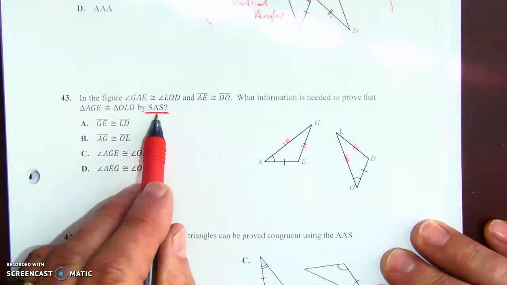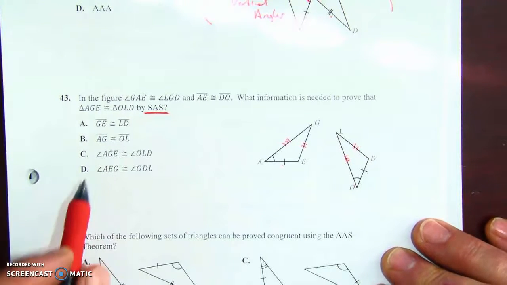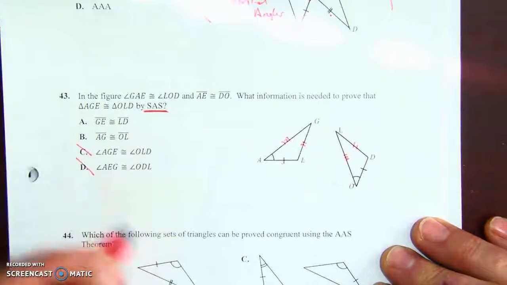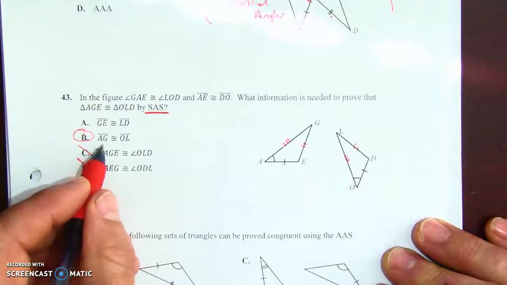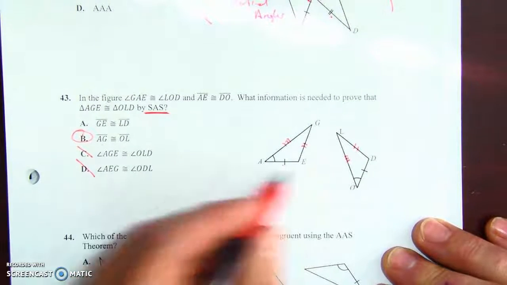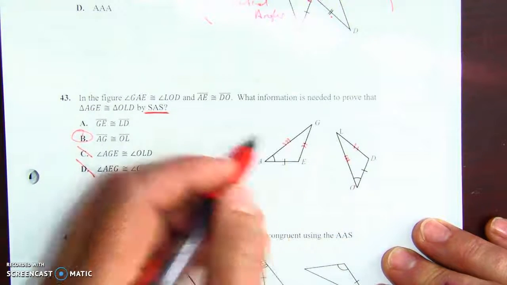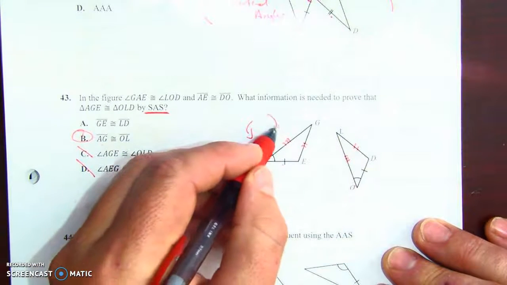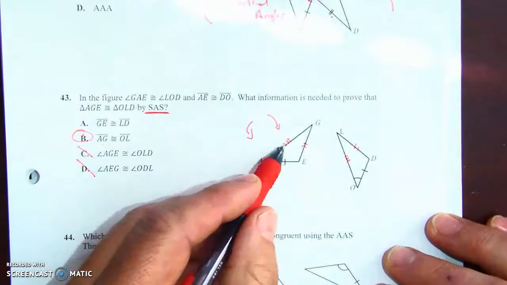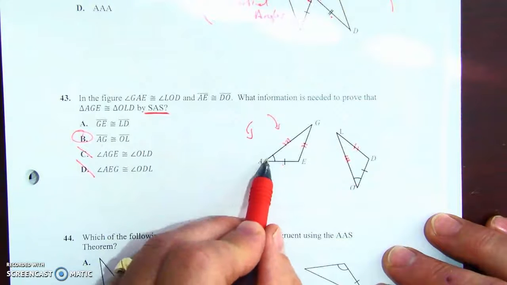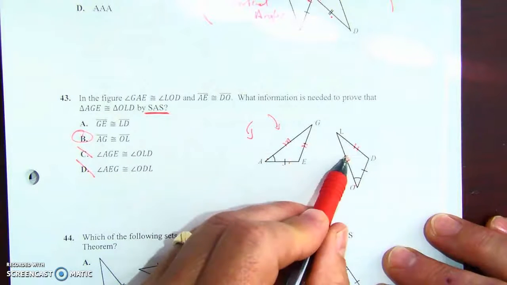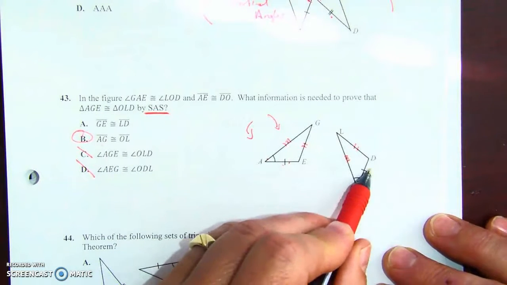We need to have two of them. We only need one angle. So angle ones don't work, and we see that AG is right here and OL is here, and we can go clockwise or counterclockwise, and it'll tell us that we got side, angle, side, side, angle, side.